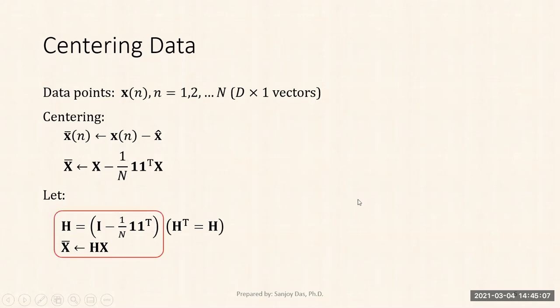Remember the expression for H equals I minus 1 over n, 1, 1 transpose, and the centering operation is done by pre-multiplication with H. So HX gives us the centered X bar. And also remember that H transpose is equal to H because H is a symmetric matrix.